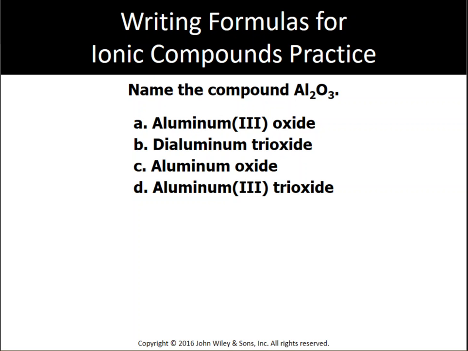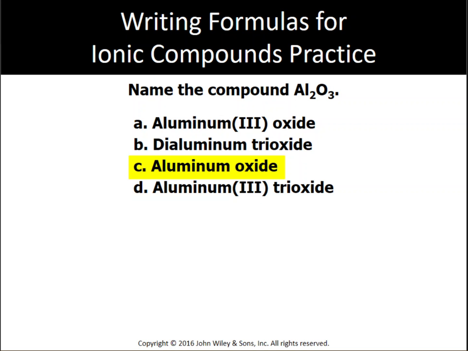Now, aluminum is a main group metal, which has a fixed charge. How do we name ionic compounds where the metal is a main group metal? Remember the rules. You start with the name of the metal, your cation, aluminum, followed by the name of the anion, which is oxide. So the name is aluminum oxide.